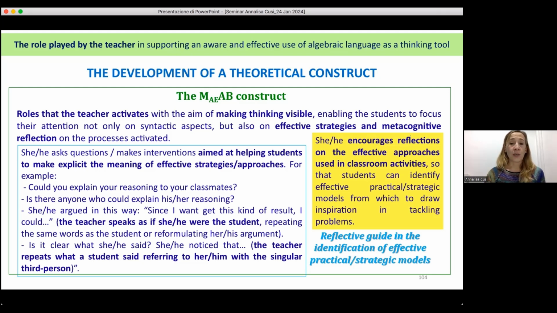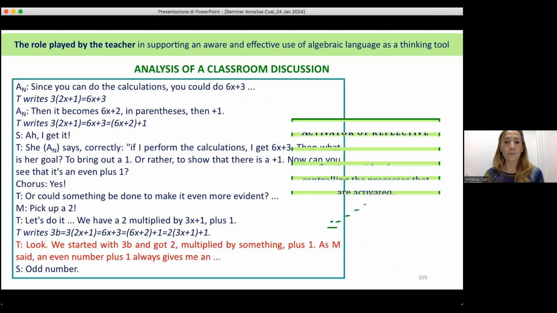And so she activates this role by making interventions aimed at helping students to make explicit the meaning of effective strategies or approaches. So, for example, the teachers reformulate, revoice what a student is saying in the lesson, or she asks another student to reformulate what has been said during a lesson, or similar kind of interventions.